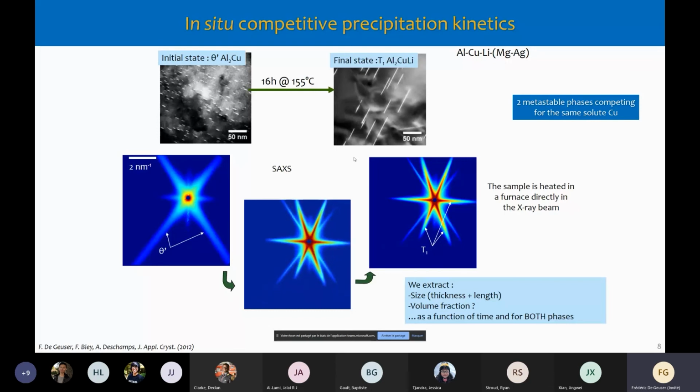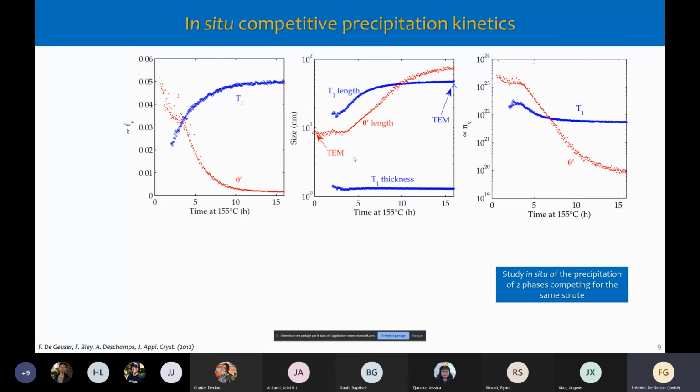So now you can exploit every single image of this in situ experiment and extract volume fraction and sizes of both phases as a function of time. This is what we have done, and this is the result. And you see here volume fraction, size, and number density of T1 in blue, theta prime in red. So you see T1 taking over and theta prime getting close to 0.